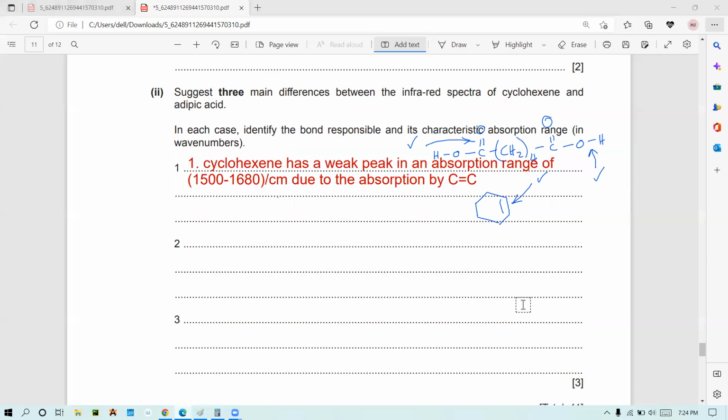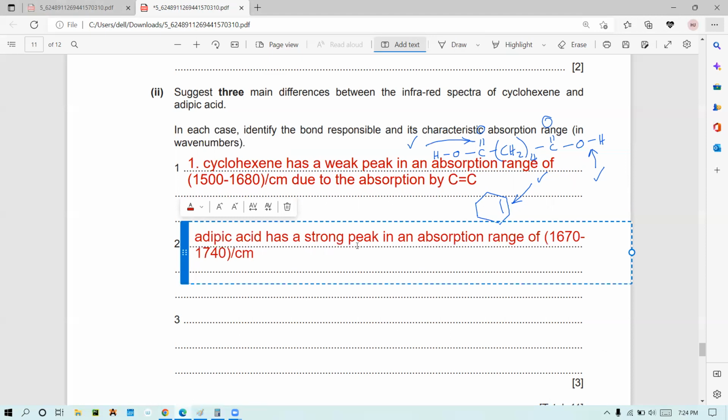Which is the next one? Adipic acid has a strong peak in an absorption range of 1607 to 1740 due to the absorption by C double bond oxygen.